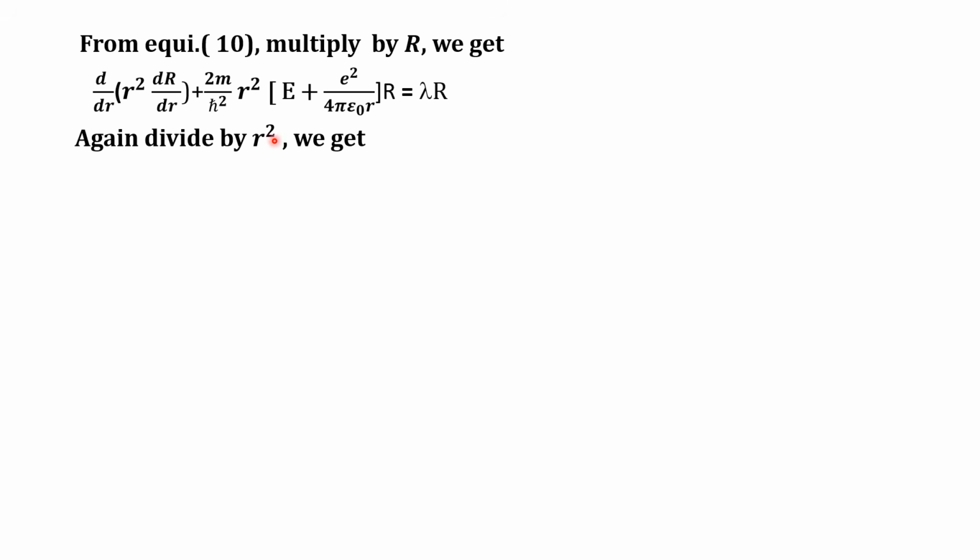From equation 10, we multiply by R on both sides. The equation becomes d/dr(r² dR/dr) + (2m/ħ²) r² (E + e²/4πε₀r) R = lambda R. Here we again divide by r², since for the second term the multiplied term is r², so we divide and simplify.